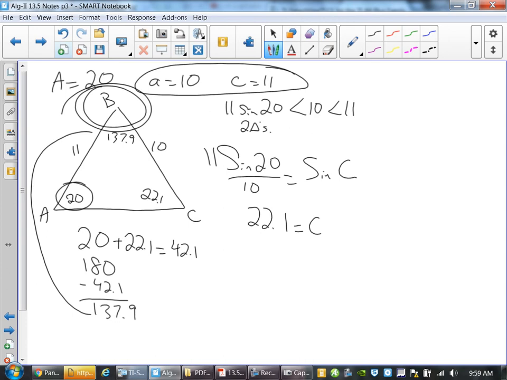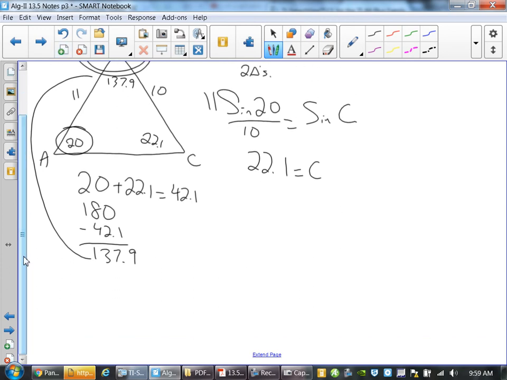Okay. We find that third angle by just subtracting from 180, so this is one possible scenario for B. Now, what I'm getting at is that since this value had something else over here that equaled the same sine value, 157.9, I'm going to look at it as a second triangle, because we did the math already knowing that there should be two possible triangles here.